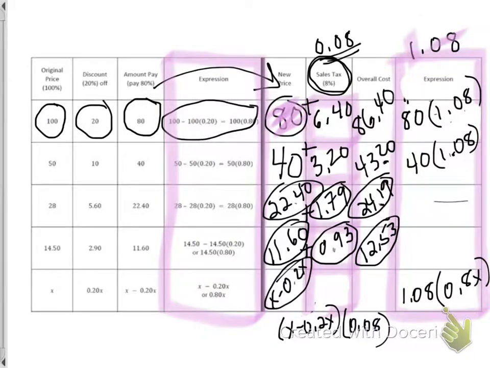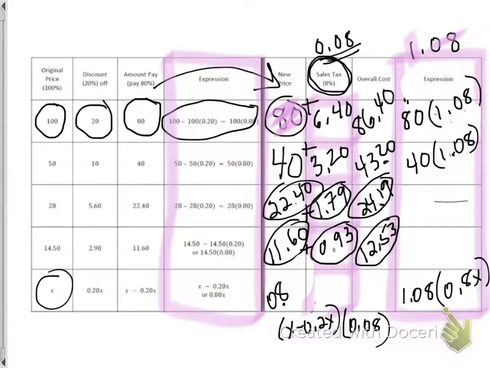Now over here with my X, again working with X from the beginning, an unknown, X minus 0.2X was this idea of the new price. Or it could have been 0.8X, which I would have preferred to have written here. So go and put that in there.